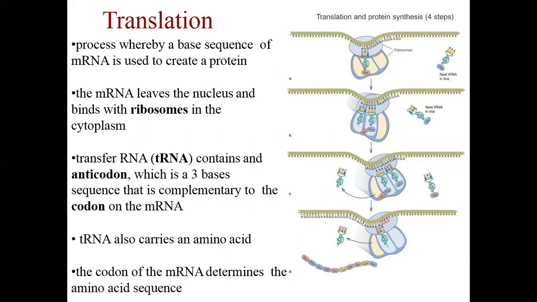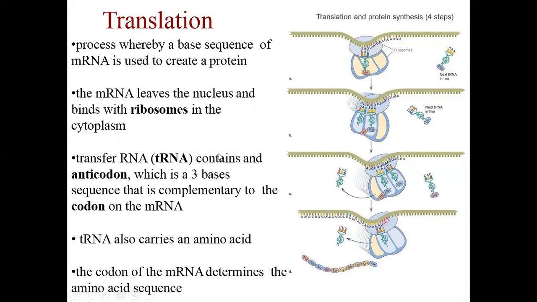The first step is the installation of the ribosome, and in the second step the charged tRNA comes and sits. After that it moves to the next three bases, or next codon, and the next tRNA, carrying another amino acid for that codon, comes and sits onto the next codon. Then the chain moves in the 5 prime to 3 prime direction of the mRNA, and by this process translation goes on.